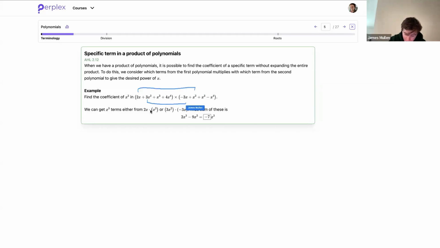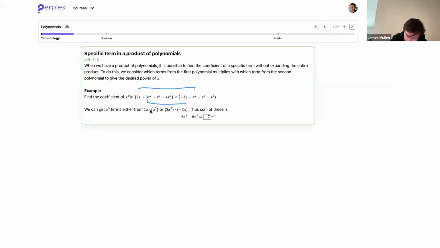And that's it, because if I picked any of these terms, everything over here is x or bigger, so that's going to give me x to the 4. So these are the only two pairs of terms that can multiply to give me x to the power of 3. And in general, you're going to have a relatively small number of terms that can multiply to a specific coefficient. And the question will just be set up that way because it's designed to make this somewhat feasible, okay?